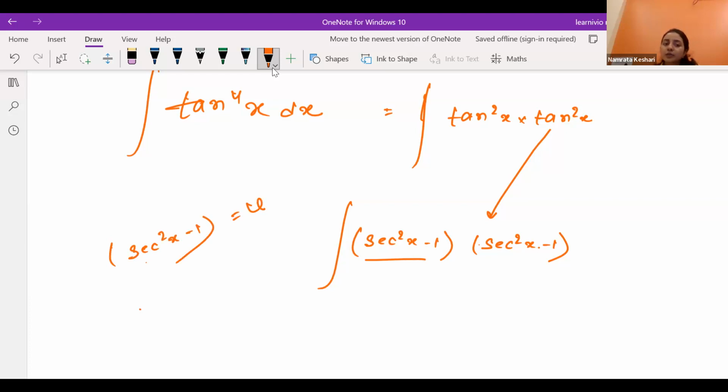So you will be getting here 2 sec x, then by chain rule, sec x into tan x, right? Yes. Is it making our integration simple?